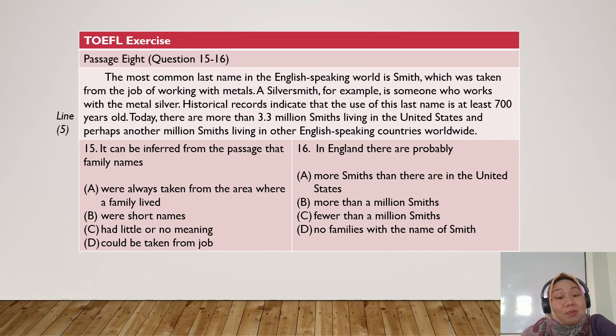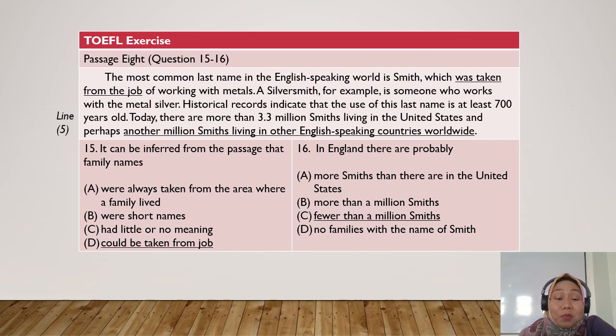Okay, let's try again for number 15 and 16. You can pause the video first and then read the question and the passage. Find the answer in the passage. All right. What are the answers for question number 15 and 16? Great.